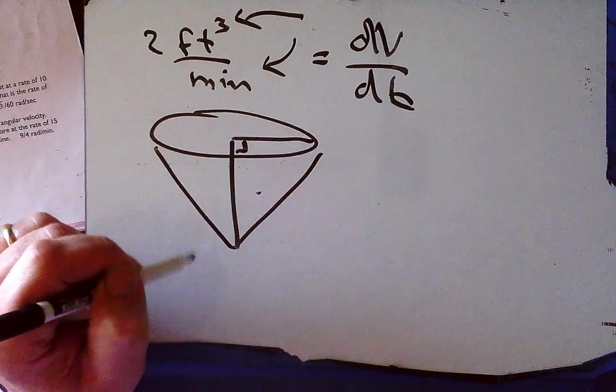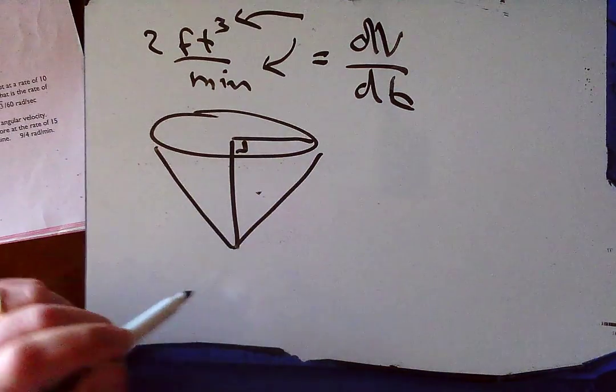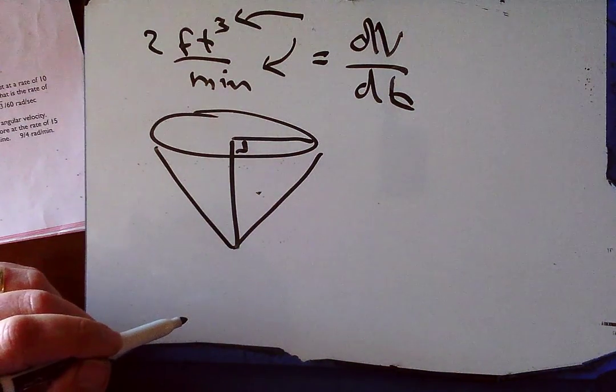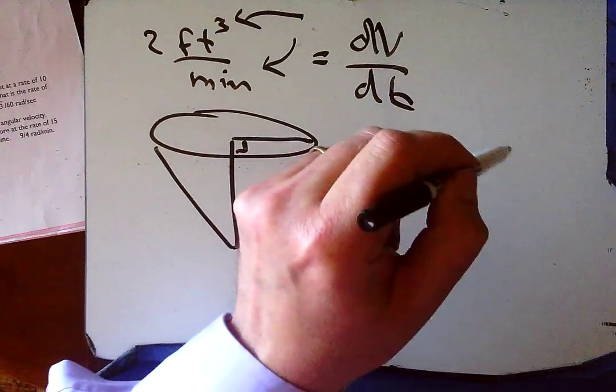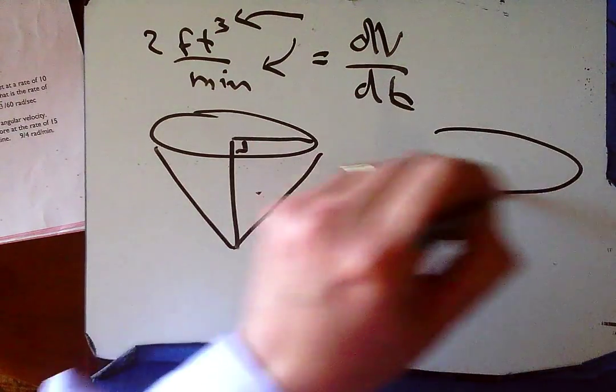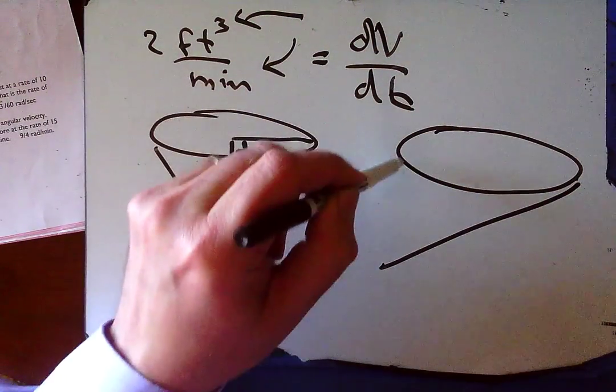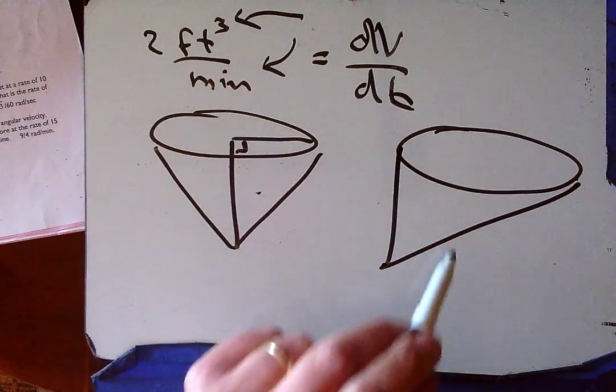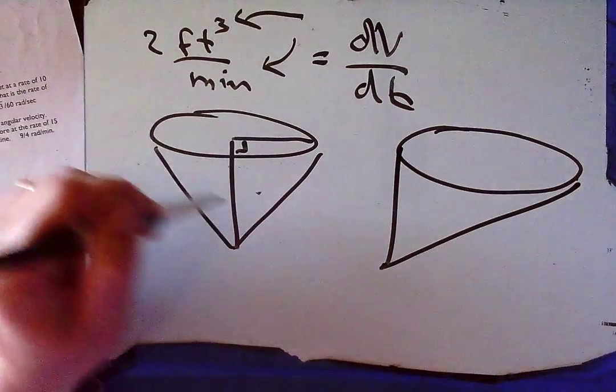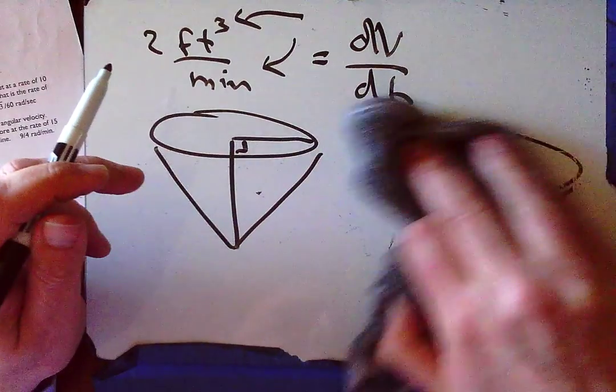Right circular cylinder or cone? Cone. As opposed to this sort of askew situation. Okay, we're not dealing with that. That's why they said right. They want us just to draw a regular cone here.